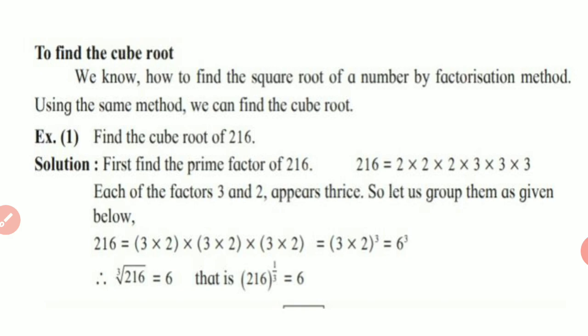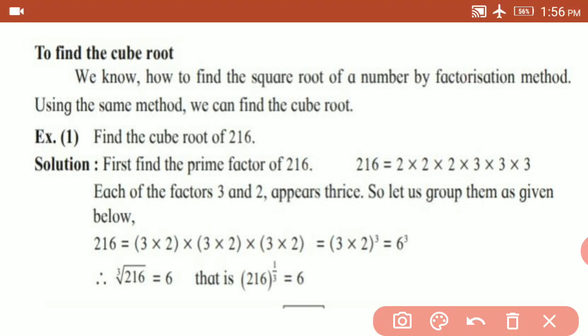The factors of 216 are 2, 2, 2, 3, 3, 3. Each of the factors 3 and 2 appears thrice. So let us group them as given below: 3 into 2 into 3 into 2 into 3 into 2.